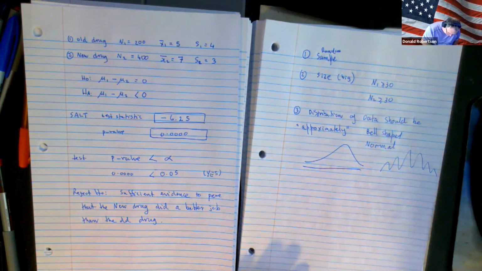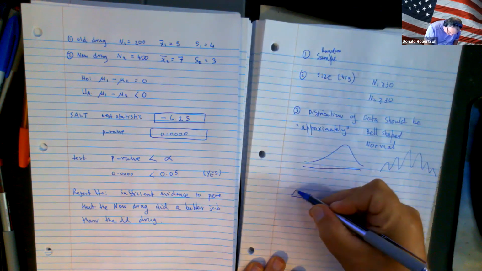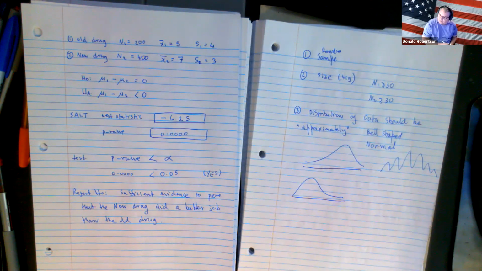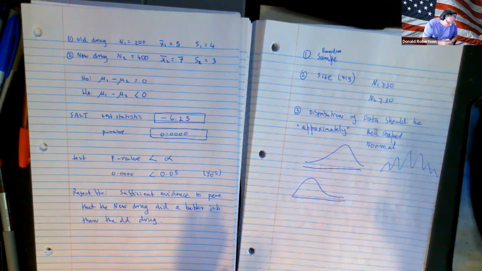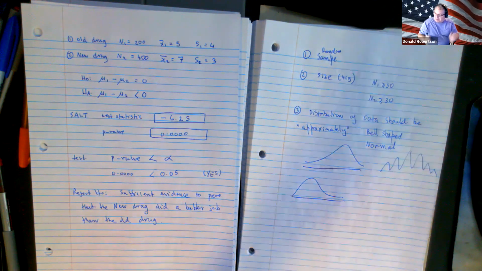Now, approximately does mean that you can be a little bit skewed to the right and we can live with it. Because in real life, real data, you very rarely ever get perfect single hills, very symmetric, very balanced.